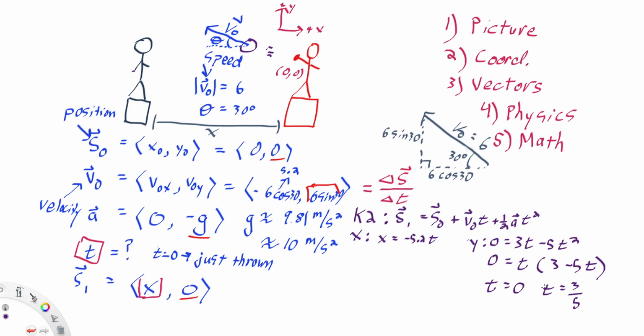So the t equals 0 solution obviously corresponds to when the red person had just thrown it. So that's not the solution we're looking for. It's the other one, the 3/5. So it's going to take 3/5 of a second to get from our person in red to our person in blue.